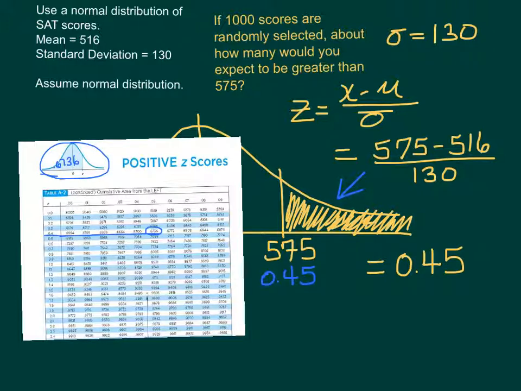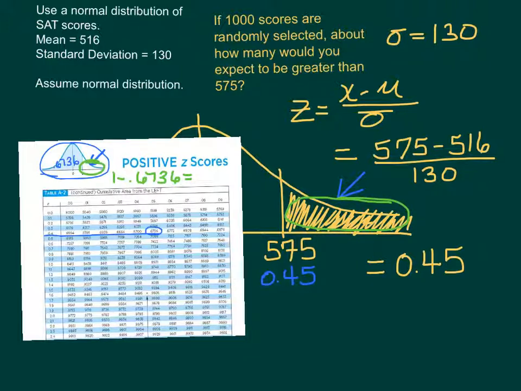So in order to find the area in this tail, we're essentially saying we want the remaining area out of the 100%. So that's where subtracting from 1 comes in. We're saying 1 minus 0.6736, and that gives us the area that we want right here.